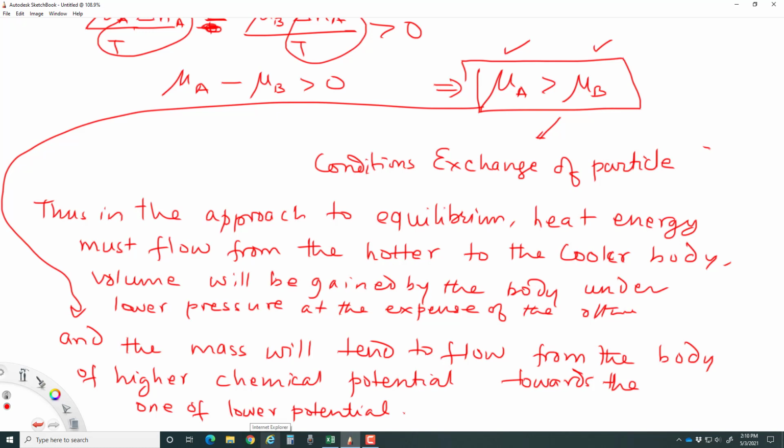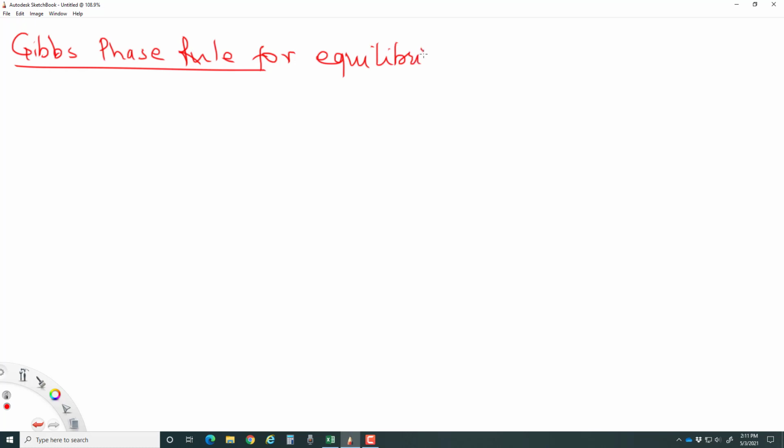Okay, so now let's talk about Gibbs phase rule. When there are multiple particles in a system, so Gibbs phase rule, this is the rule for equilibrium between multi-constituents or multi-particles, different kinds of particles.